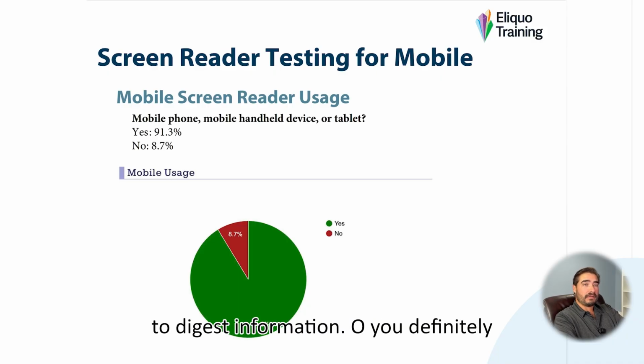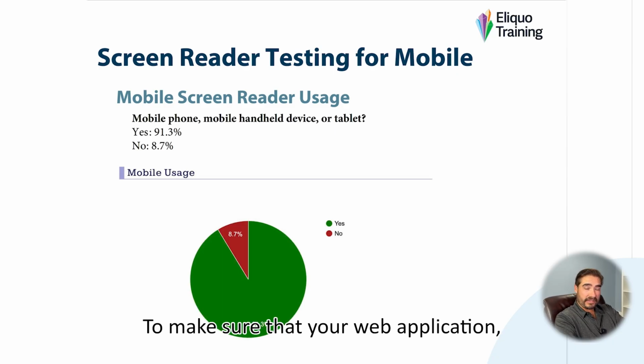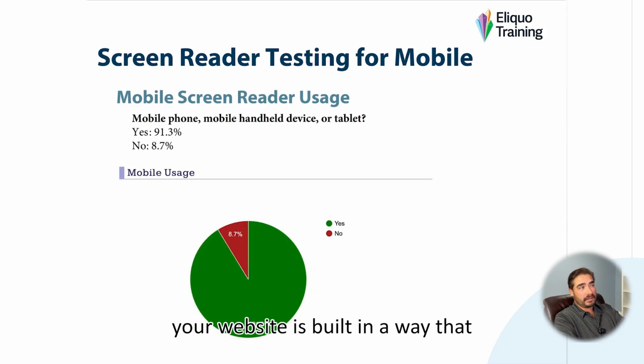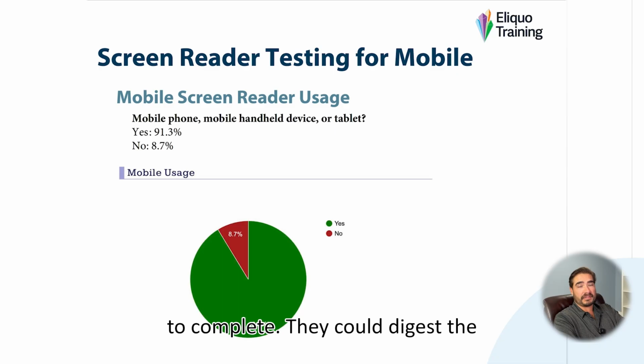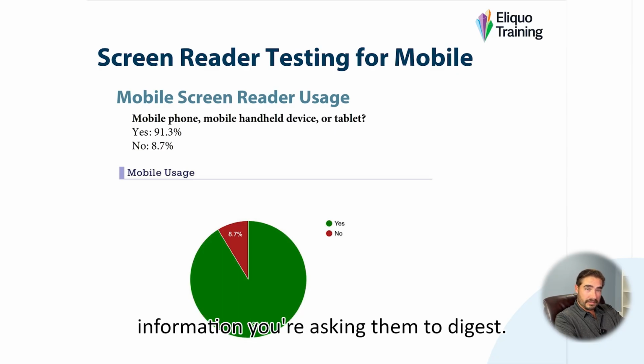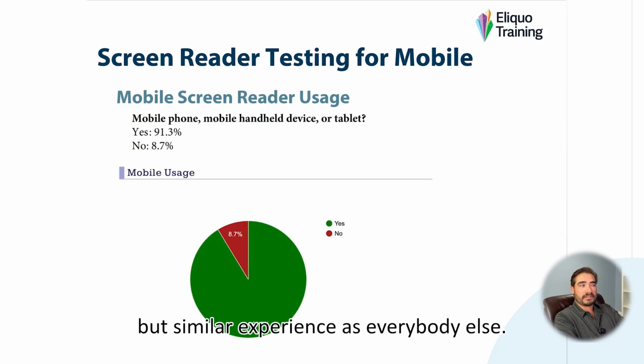So you definitely want to be doing proper testing to make sure that your web application, your website is built in a way that the users using mobile screen readers can complete the task you're asking them to complete. They can digest the information you're asking them to digest. They can have a similar, not identical, but similar experience as everybody else.